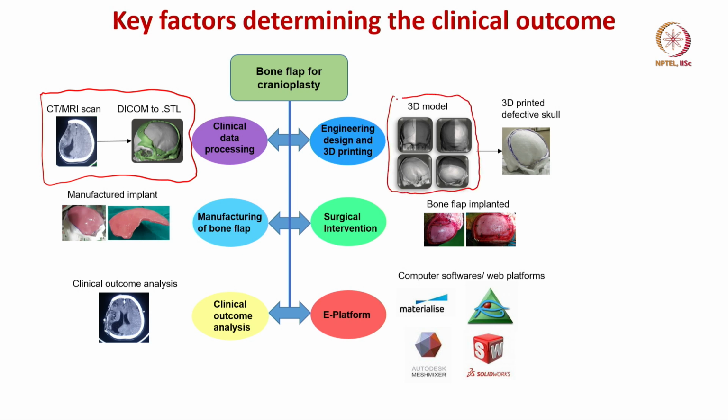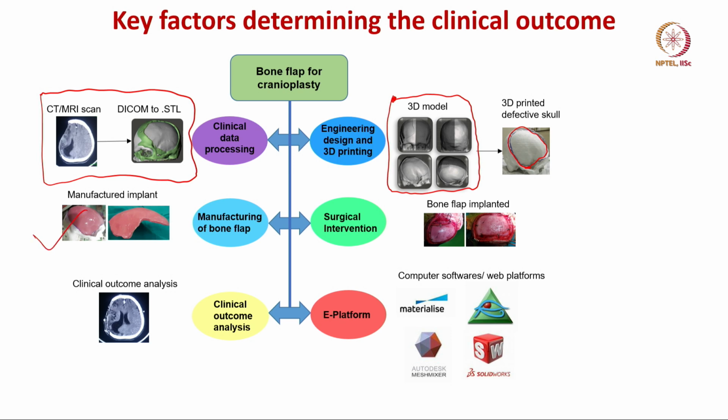This 3D model essentially will be generated by considering different views of the cranium. Then after that you do 3D printing, and 3D printing of this cranium model will allow you to cast the bone flap materials into a particular shape, as you can see, that is a manufactured implant.